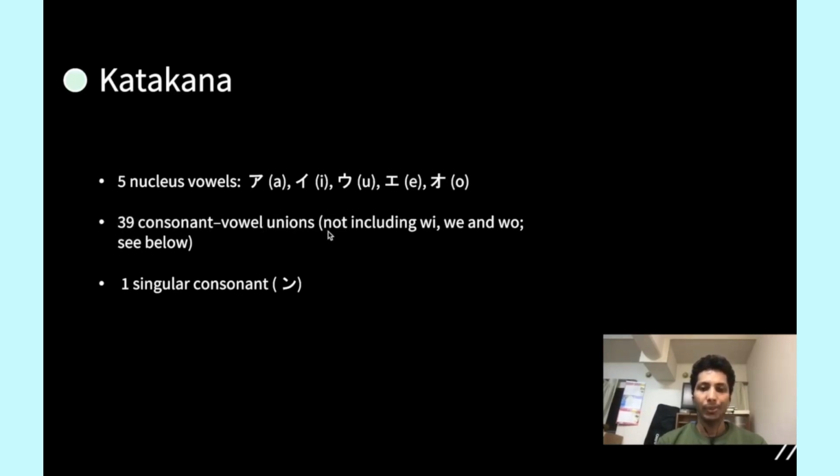That of course doesn't include v, w, and o, as I explained in the hiragana writing system. So this is again similar to what we have in the hiragana writing system.